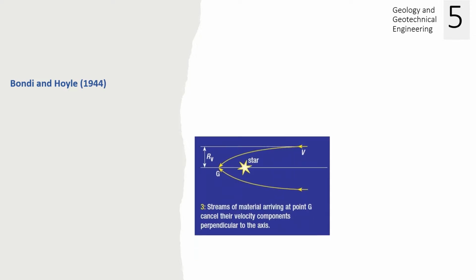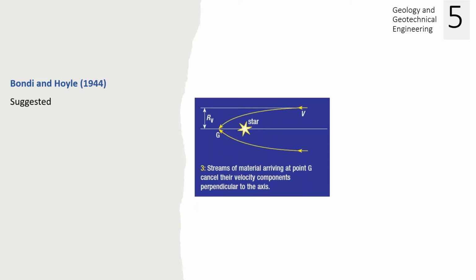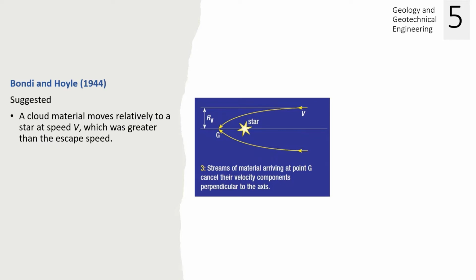Bundy and Hoyle, in 1944, suggested that a cloud of material moves relative to a star at speed v, shown in this image, which was greater than the escape speed.